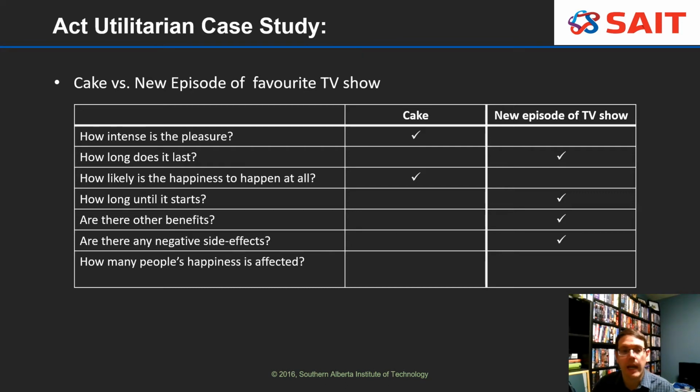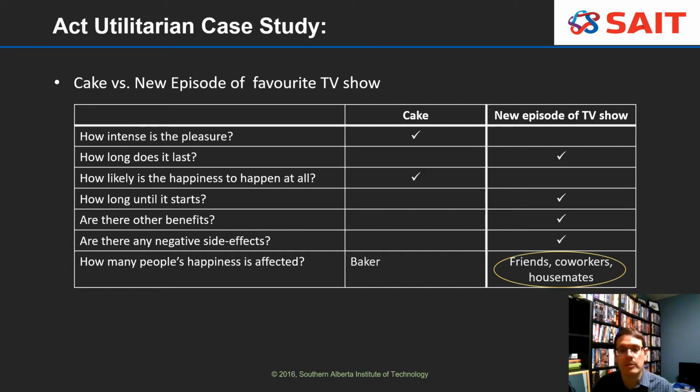Finally, let's look at how many people's happiness is affected by it. If you eat your favorite dessert, that might bring some happiness to the baker that you buy it from. Whereas, if you watch a new episode of your TV show, this could bring pleasure to your friends, your coworkers or housemates, or anyone who you get to talk to about it.